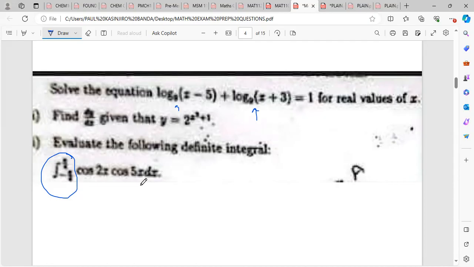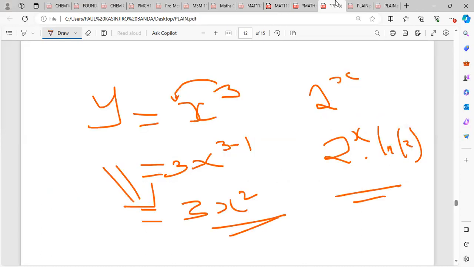So let me give you the formula. Whenever you are differentiating an equation of two functions that have cos and sine, in that case, what do we have?